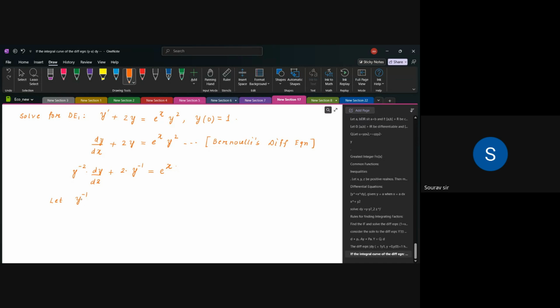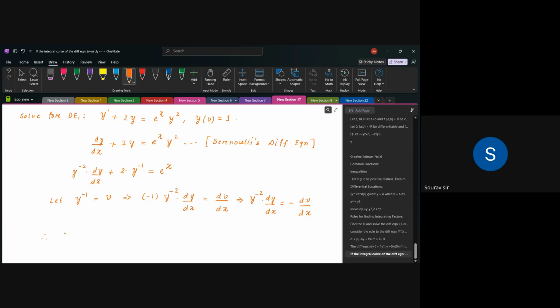So if you substitute your y inverse as v, then minus 1 times y raised to the power minus 2 dy by dx is dv by dx. So that means y raised to the power minus 2 dy by dx can now be substituted as minus of dv by dx.